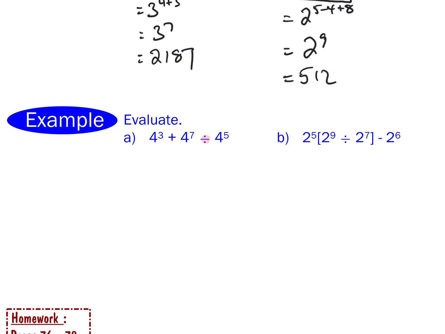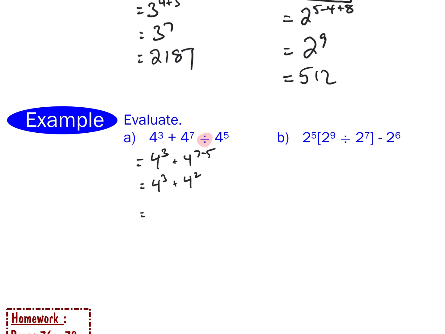But even so, division comes first with order of operations. So when we divide, we do what with the exponents? We subtract. So we're going to go 7 minus 5. And that's going to be what? 4 to the exponent 2.